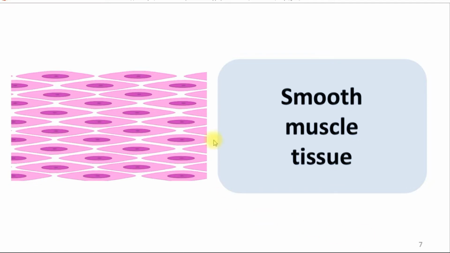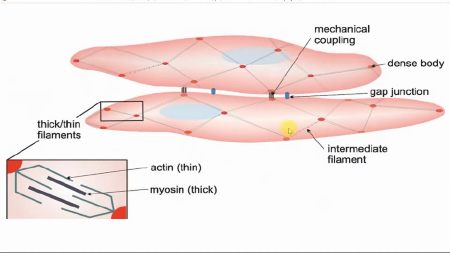Here we can see a diagram which shows smooth muscle tissue, and let's look at what cells are located in this type of muscles. We can see here the basic cells of smooth muscles, they are called smooth myocytes. Here we can see two neighboring smooth myocytes, and they have a spindle-like shape.